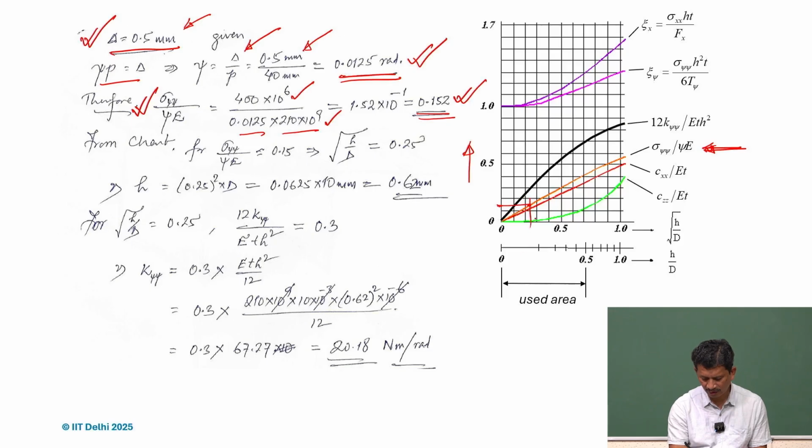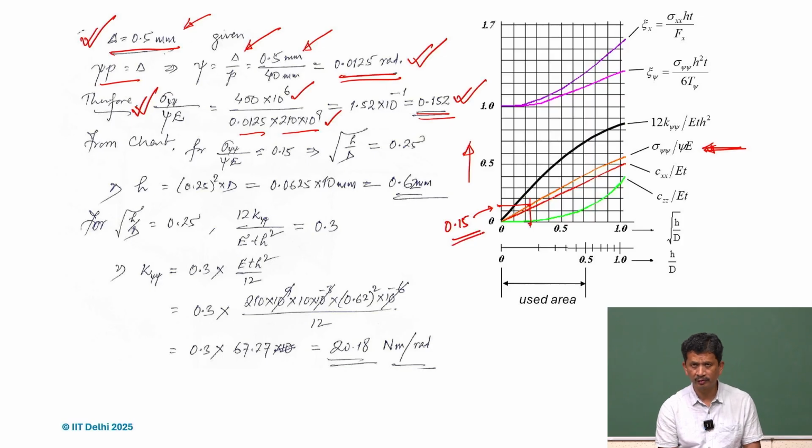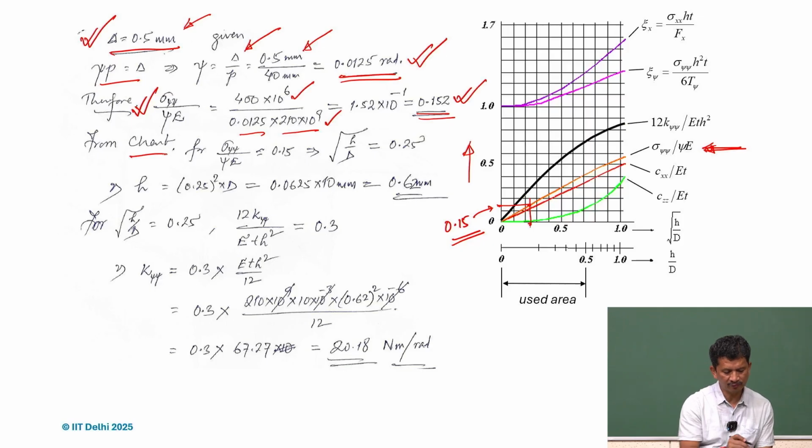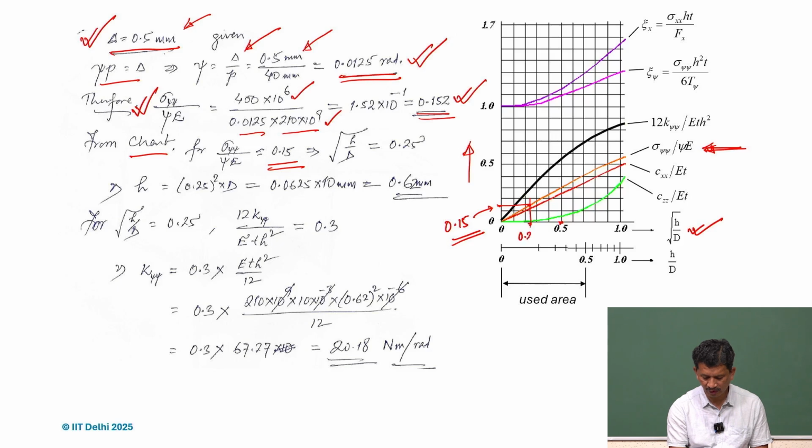For the 0.15 y value, that is for sigma by psi E, if we look at the chart, what we get for square root of h by d is a linear plot, so it's better to use that. It is 0.25 here.